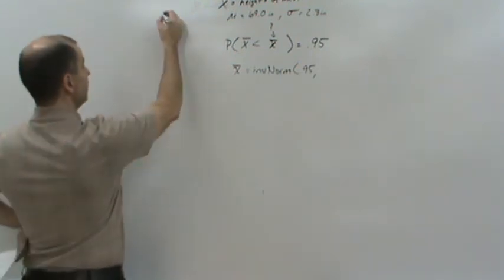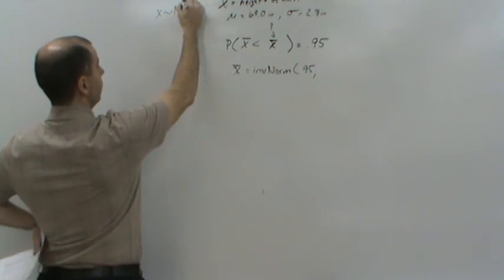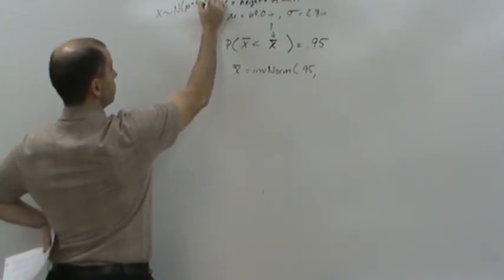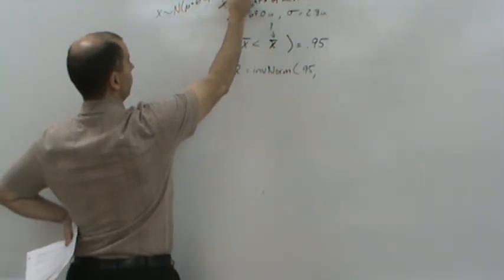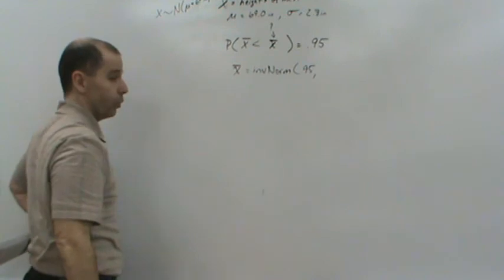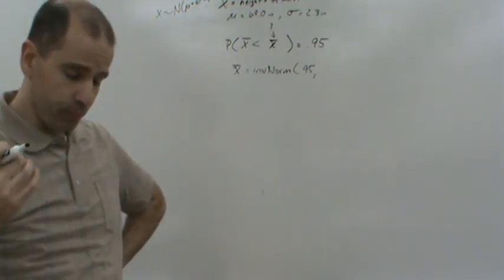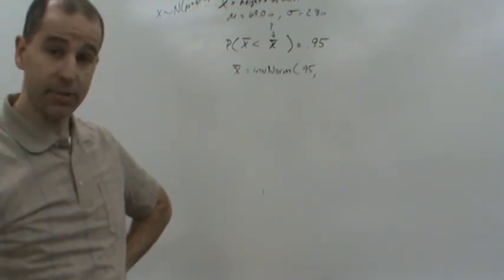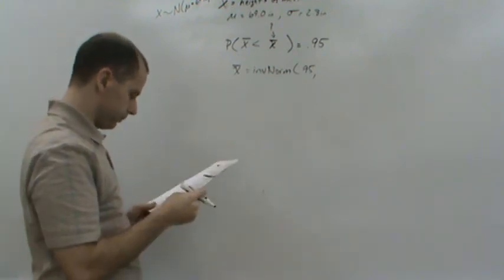So x here is normally distributed with a mean of 69.0 inches and a standard deviation of 2.8 inches. So in this case here, we're using the population. So in this case, the sample size doesn't matter. Okay?